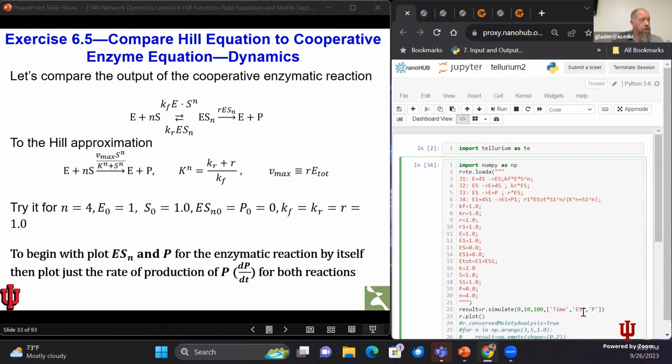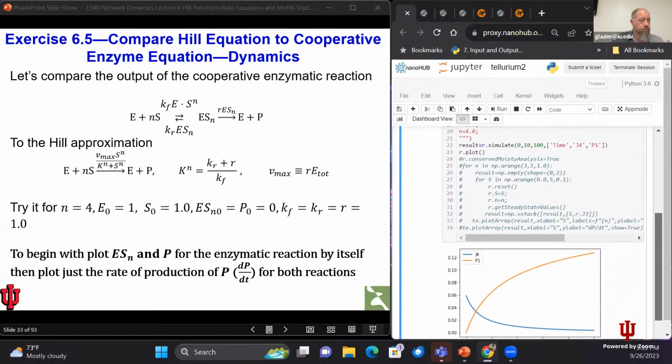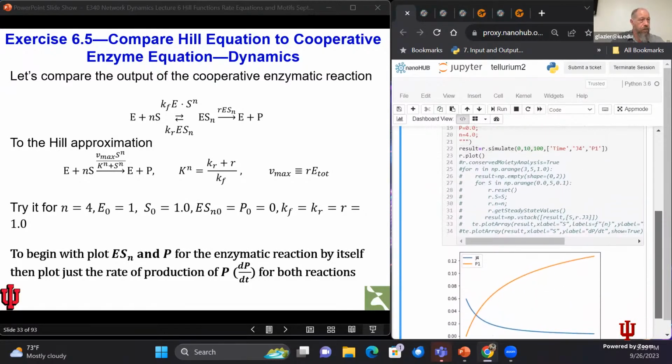And so let's look at the second one, which would be just J4 and P1. So it looks like that.